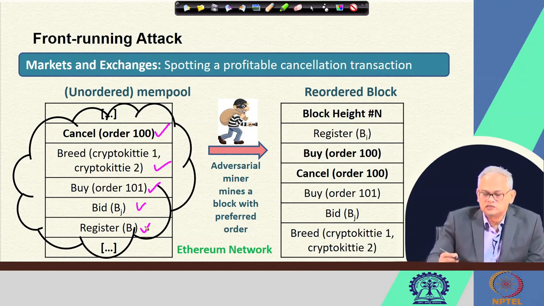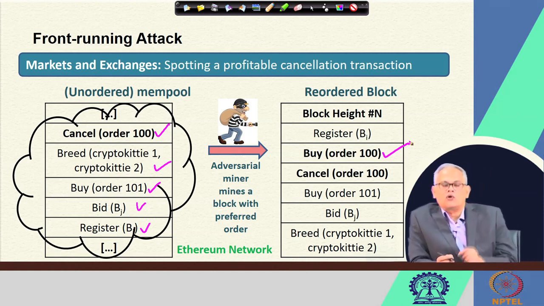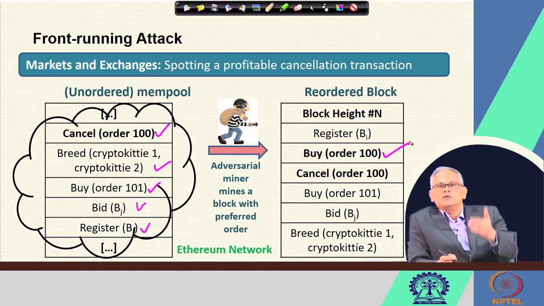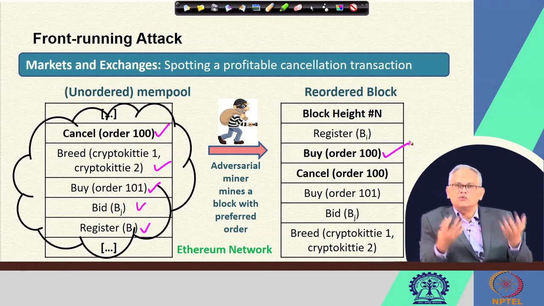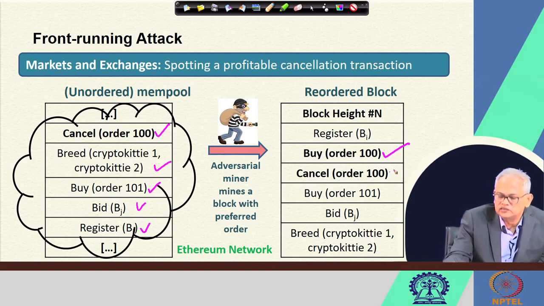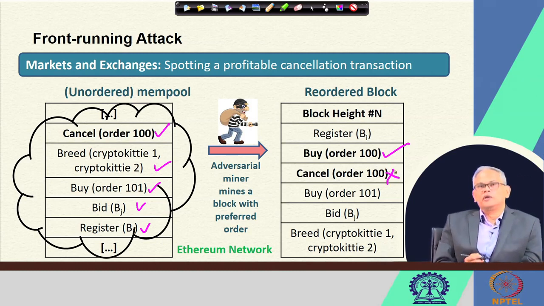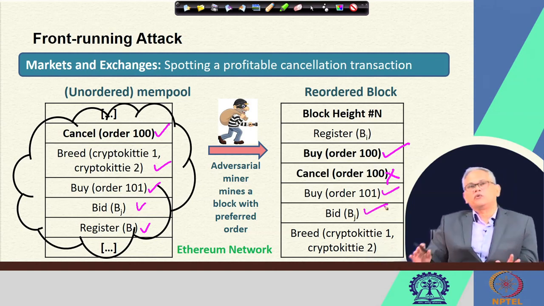So, what the attacker would do is introduce this particular transaction before that cancellation of the order, and as a result this particular order of 100 will satisfy the initial decision to actually carry out the transaction by Alice, and then this will fulfill it, and finally this cancel order is not going to happen. And of course, there are more transactions by order 101 and so on which are going to be there. So, there is no problem with that.